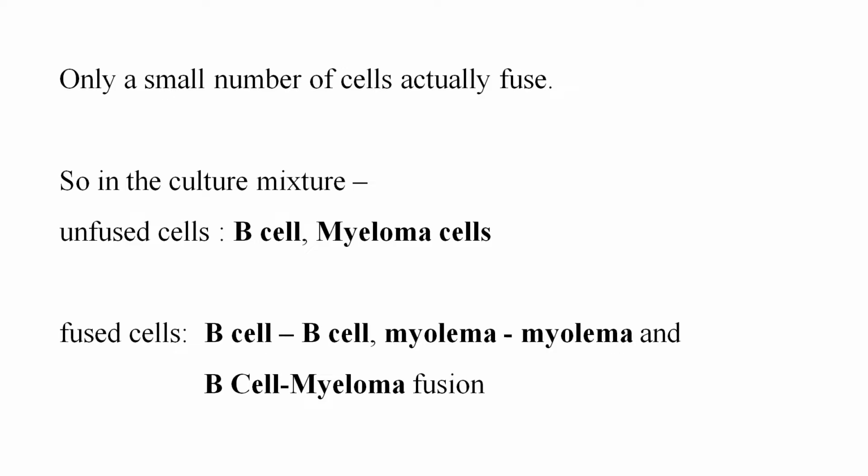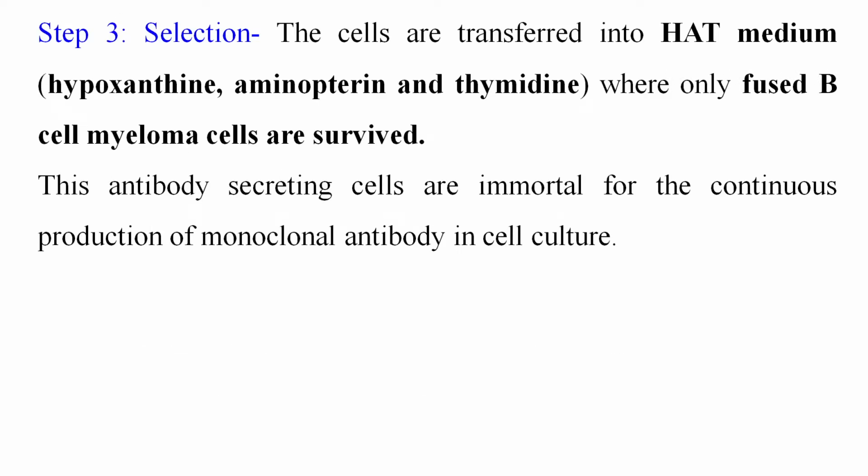And for this selection step, which is the third step, we use a specialized medium known as HAT medium. H-A-T, HAT medium. The full form of this is H for hypoxanthine, A for aminopterin, T for thymidine. So this is what HAT medium is.